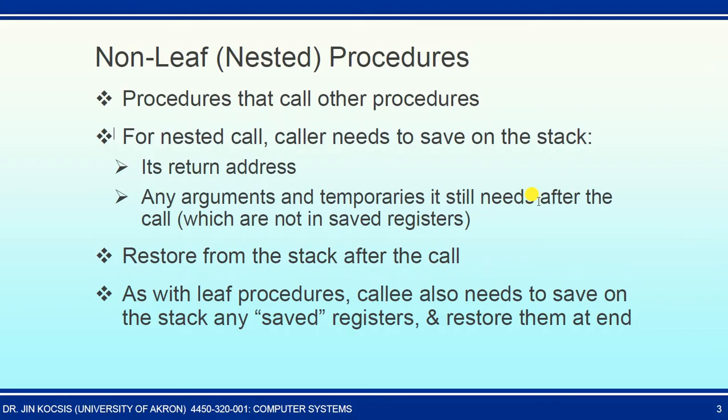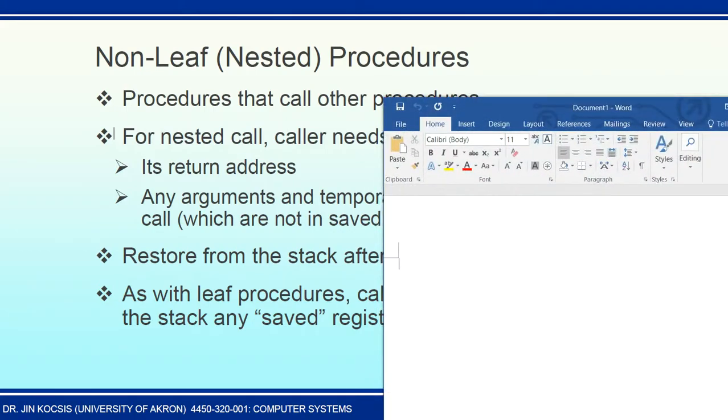Because the roles played by the leaf procedure and the non-leaf procedure are different, we treat the situation of whether you need to push the original data of a register onto the stack in a different way. If it's a leaf procedure, as long as it is a preserved register and that preserved register will be touched by this leaf procedure, we will push it onto the stack.